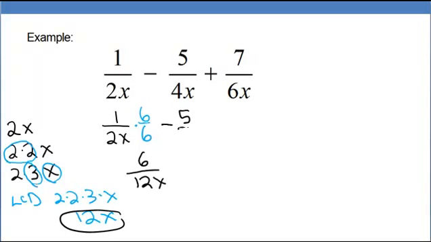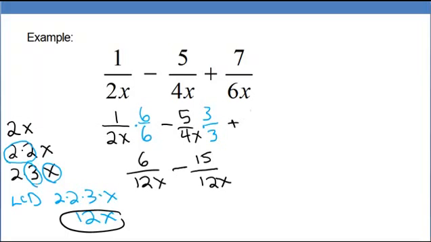Bring the next one down. This is what you have. Check your denominator. This one has a 4. We want a 12. So it's missing a factor of 3. It already has the x, so that part's okay. So we have a minus 15 over 12x.